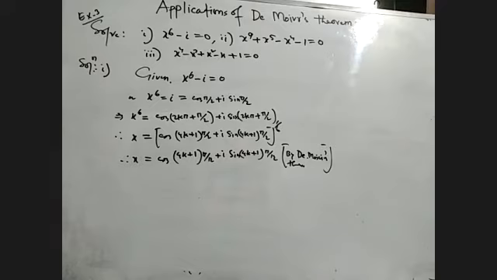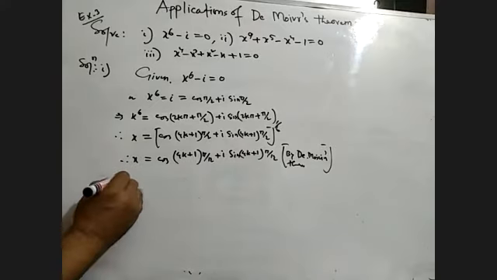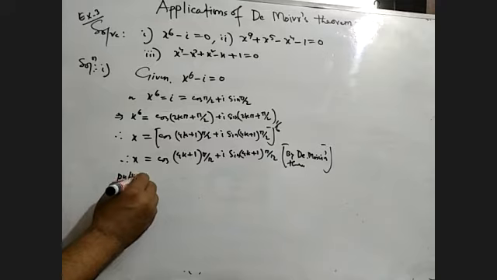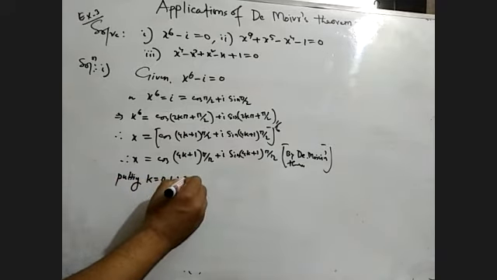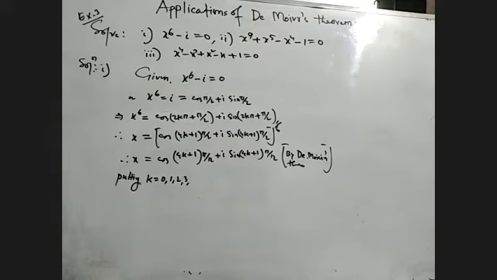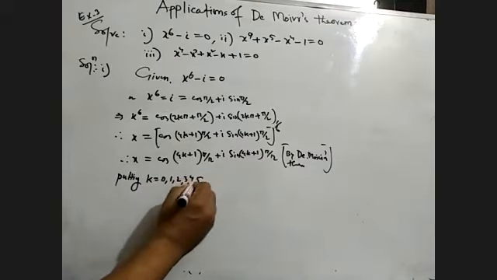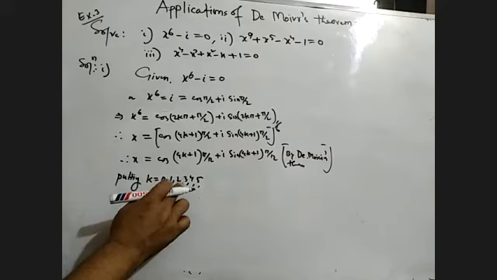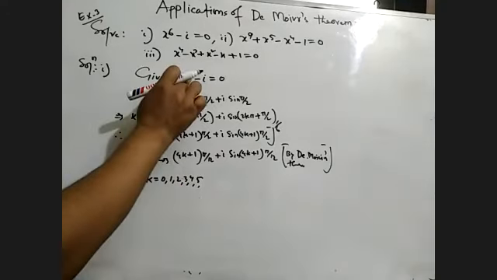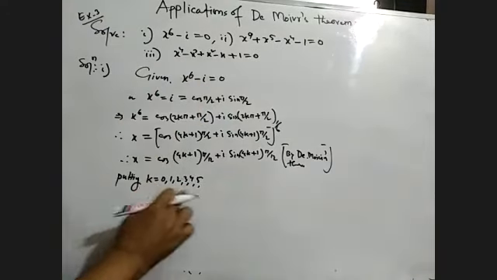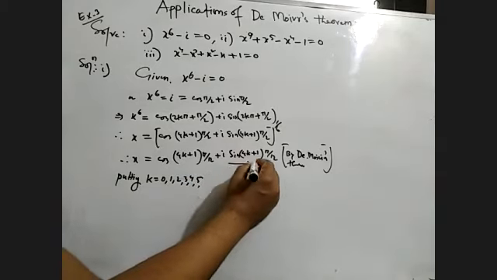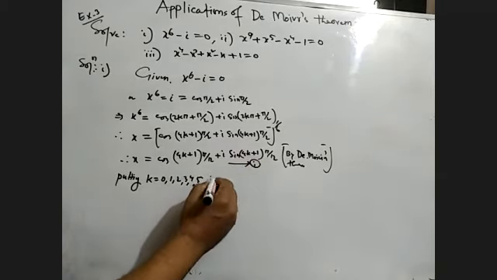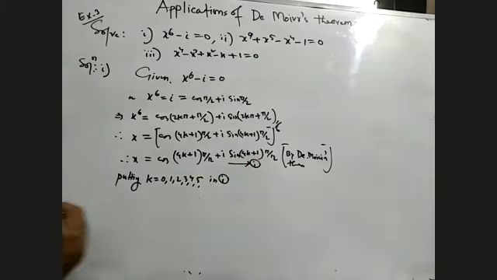So now putting k equals 0, 1, 2, 3, how many roots will be here? 6 roots, 4, 5, up to 5. How many values here? 6 values. So to get 6 roots, we have to use only these values. This is equation number 1.